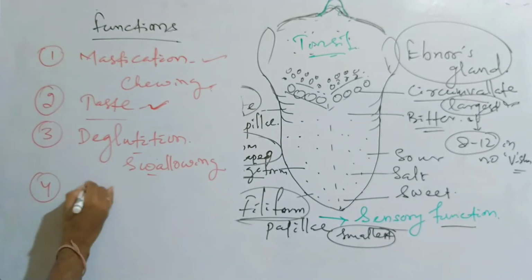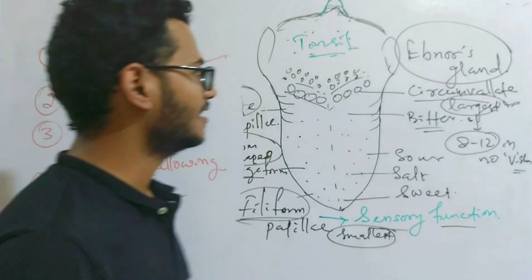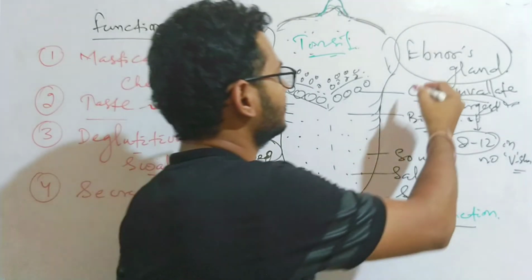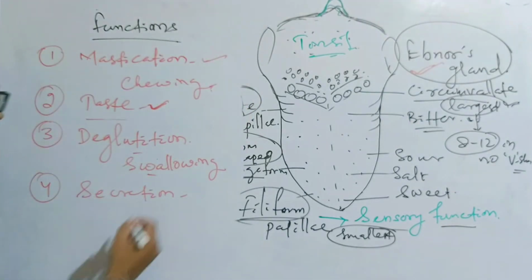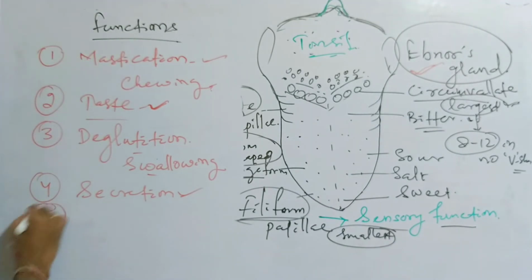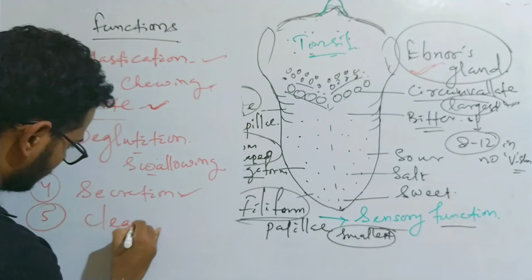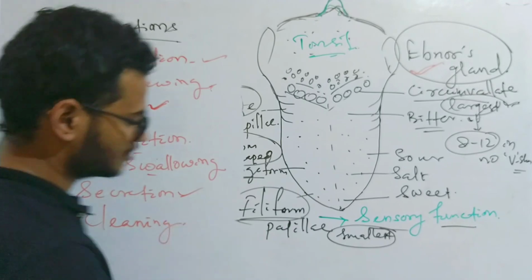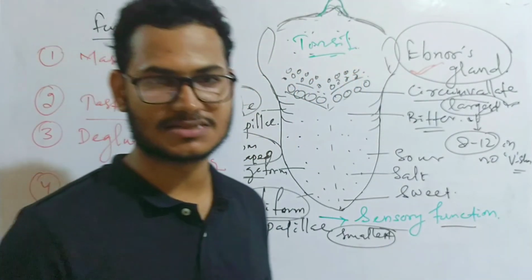Next is secretion. As I have told you, Ebner's gland is present, which is a mucus gland. So the tongue also plays an important role in secretion. Number 5, we have cleaning. The tongue is considered a universal brush.